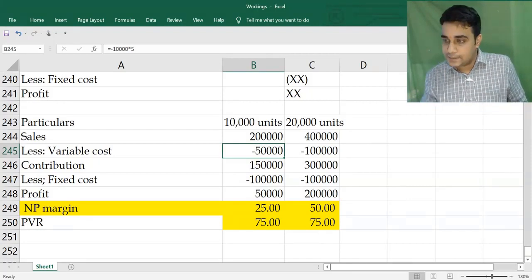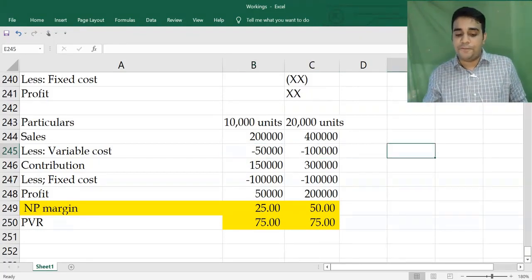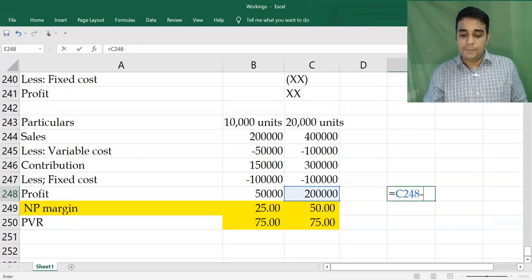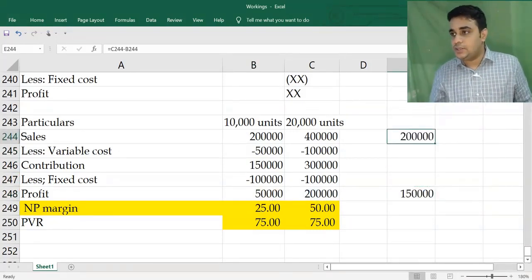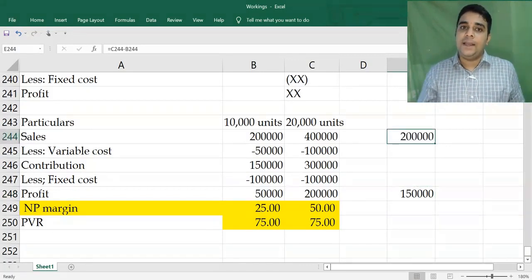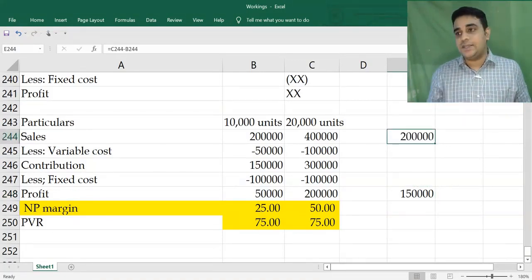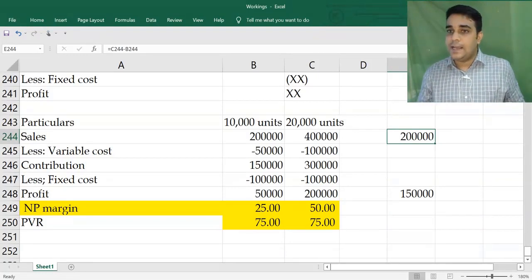Another formula is change in profit by change in sales. Change in profit divided by change in sales will give the same 75%.